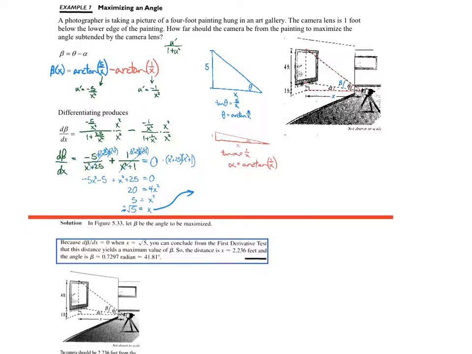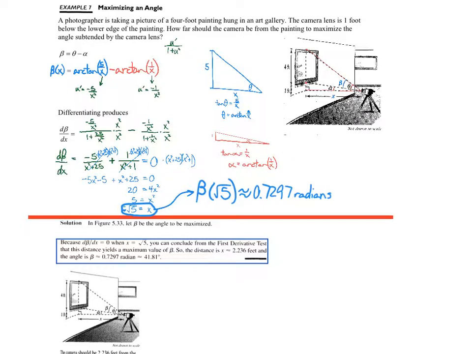But just to close this whole thing out, we could go ahead and find beta of radical 5, and it would be approximately 0.7297 radians. That's going to be the maximum angle that we can get there. Okay? Questions?